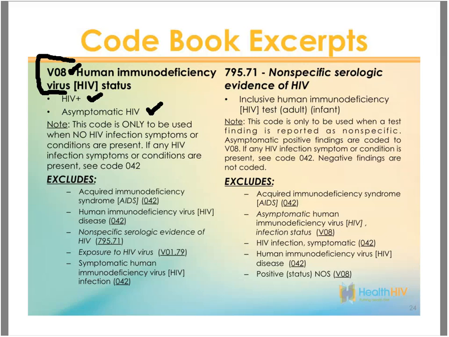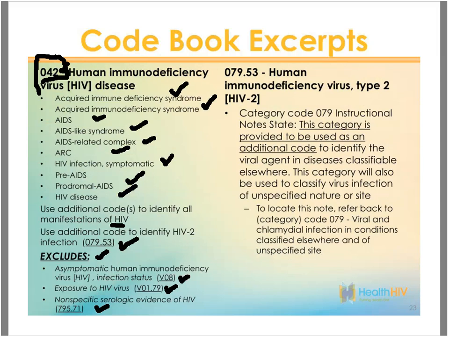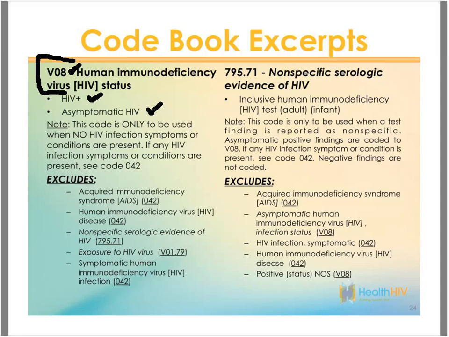And as you can see, this diagnosis code is very different from diagnosis code 042. One states that the patient has the condition, AIDS, HIV disease, or HIV infection, and the other one, V08, implies that this is HIV positive or it's asymptomatic. So some notes that are also included in the code book.